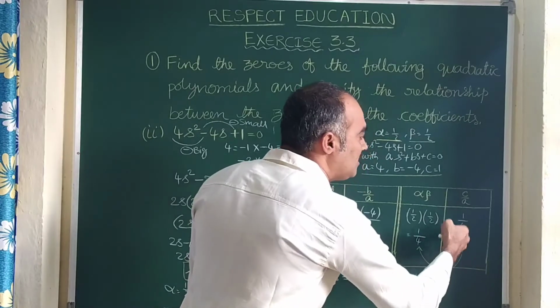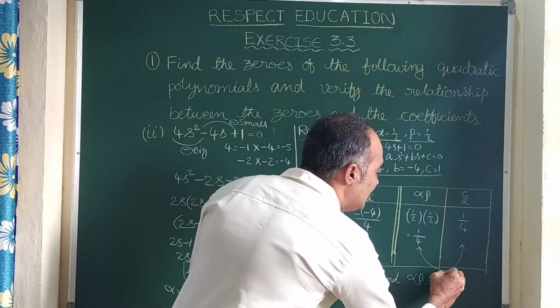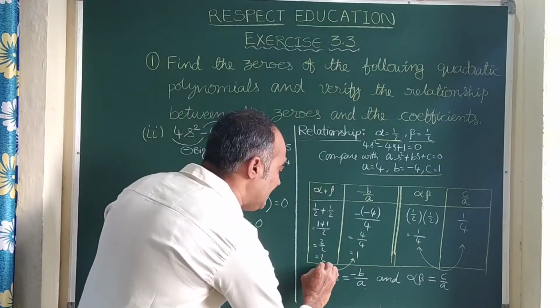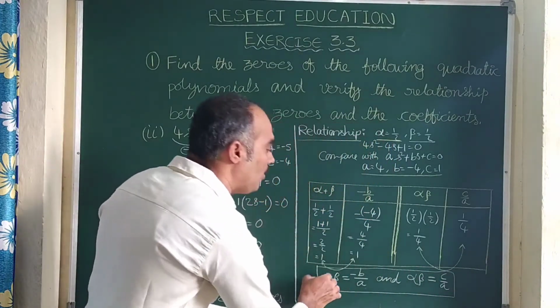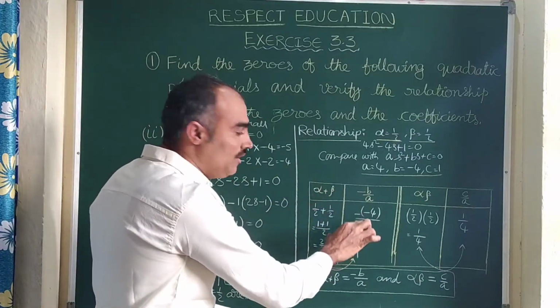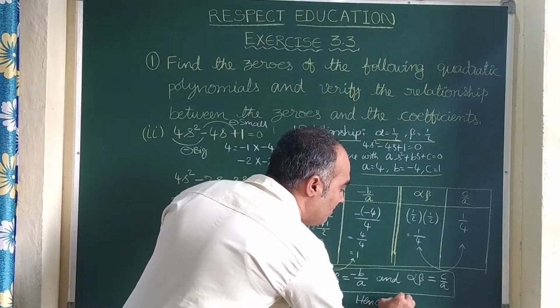And this 1 by 4 is nothing but c by a. 1 by 4 equal to 1 by 4. So equal to, I am writing c by a. Right? So this is the relationship between the zeros and the coefficients of a polynomial, that is the given polynomial. So for this polynomial we have verified the relationship. Therefore here we can write hence verified.